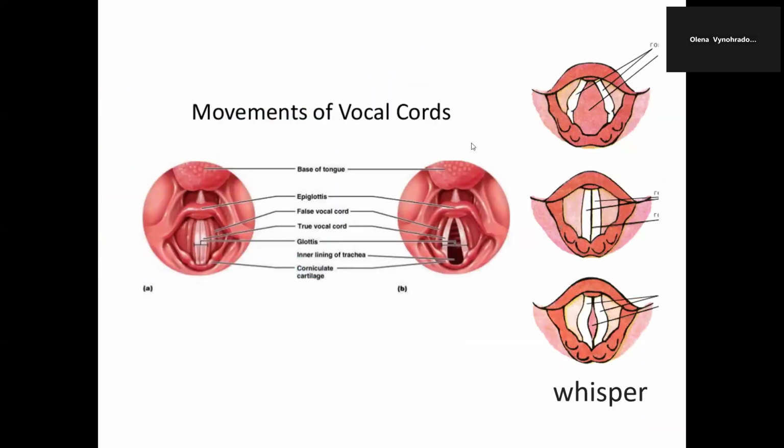Movements of vocal cords: you can see this shape and this position of our vocal cords when we are talking, when we are speaking, and this one when we have normal respiration without any sound. Here we are breathing, here we are talking. And an interesting one, this is whispering.